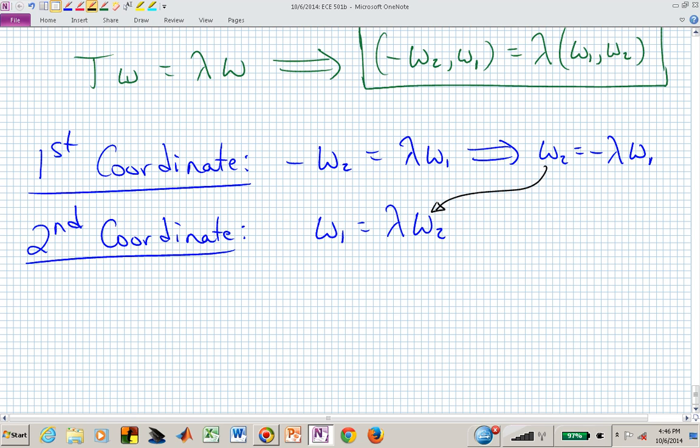We can replace w sub 2 with the right-hand side, which is minus lambda w1. So now we have w1 is equal to lambda w sub 2, but w sub 2 is minus lambda w1. But that's now minus lambda squared w1.